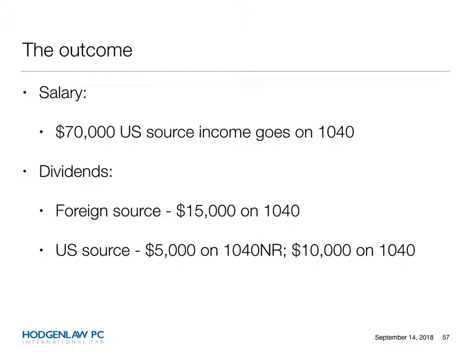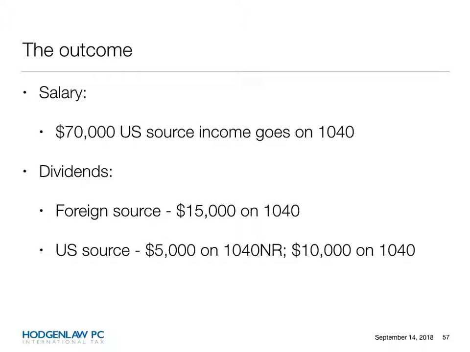We don't include that 30,000 before he moved to the U.S. because that was foreign source income. Then post-arrival, added those together, the 1040 line 7 would have the 70,000.